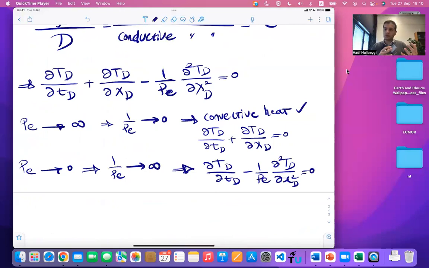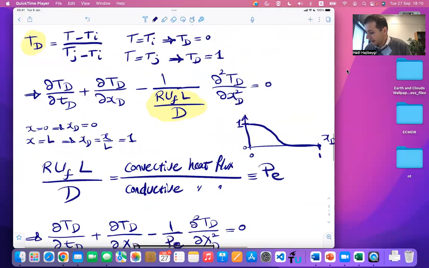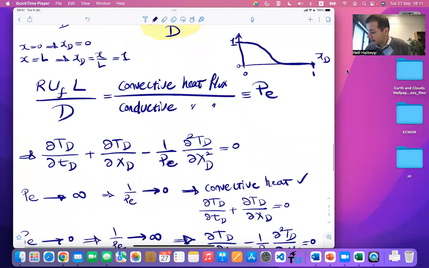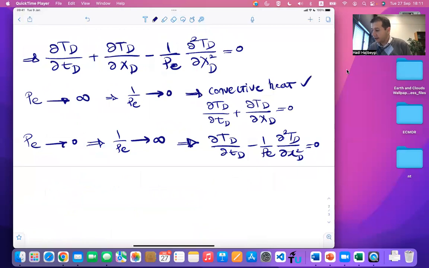In the dimensionless form, that's the best. But this is not possible because, again, I have divided everything by D. When I have infinity, I cannot really divide by infinity. So that's not correct mathematics. So I would simply say approximately, or instead of making it infinity, I would say, imagine Peclet is very small.